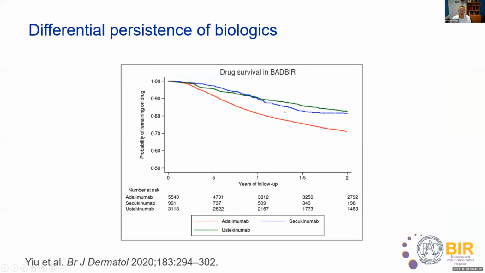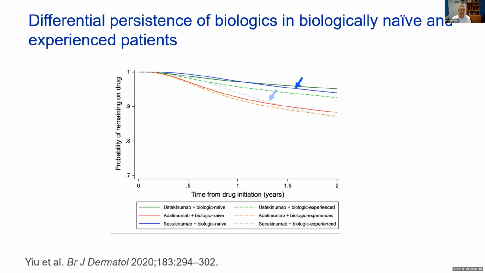And this isn't surprising to us in clinical practice, but very clearly you can see that those patients on adalimumab have much less drug survival compared to those on secukinumab and ustekinumab. And importantly, this is affected by whether patients are biologically naive or not. So if you compare the red and the orange dotted line, you can see they're very close.